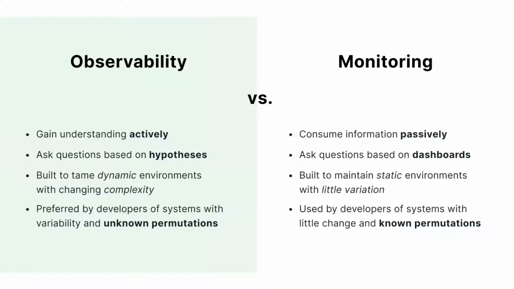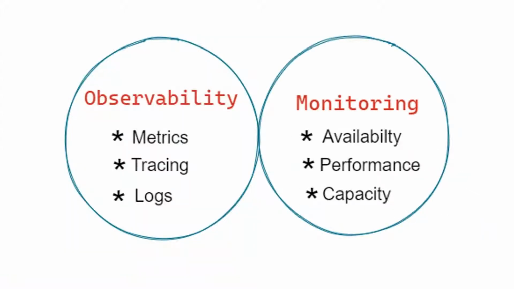But monitoring is built to maintain static environments with little variation. Observability is preferred by developers of systems with variability and unknown permutations, whereas monitoring is chosen by developers of systems with little change and known permutations. So these are the primary differences between observability and monitoring.